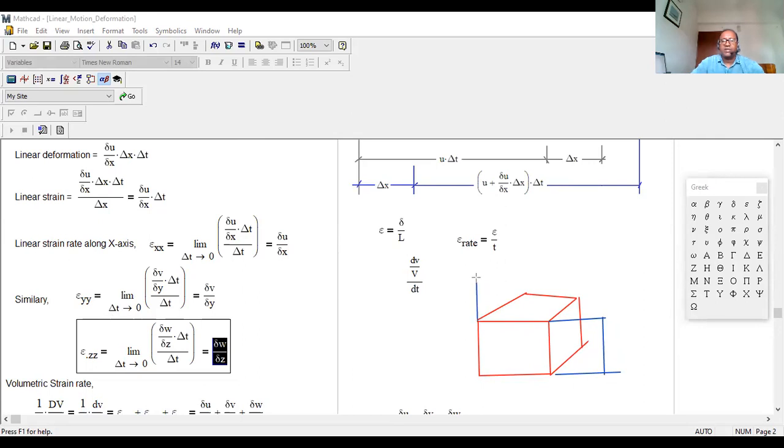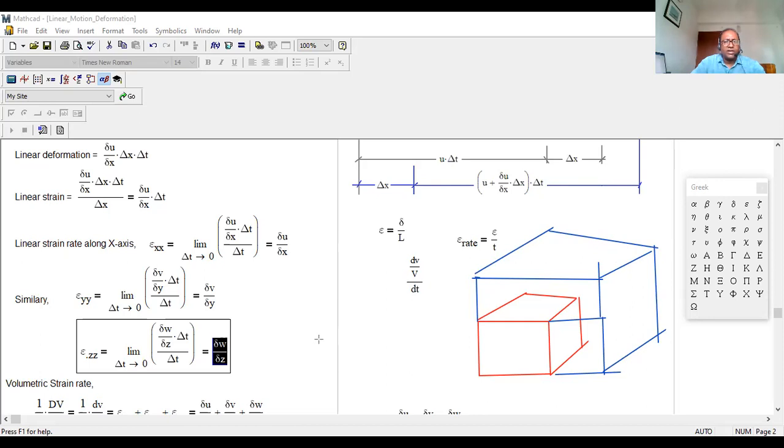Similarly, along the y-axis, it was this much, and it increased to this much. Along the z-axis, it was this much, but it increased to this much. That means its volume is increasing within time delta t, because of the strain rate.